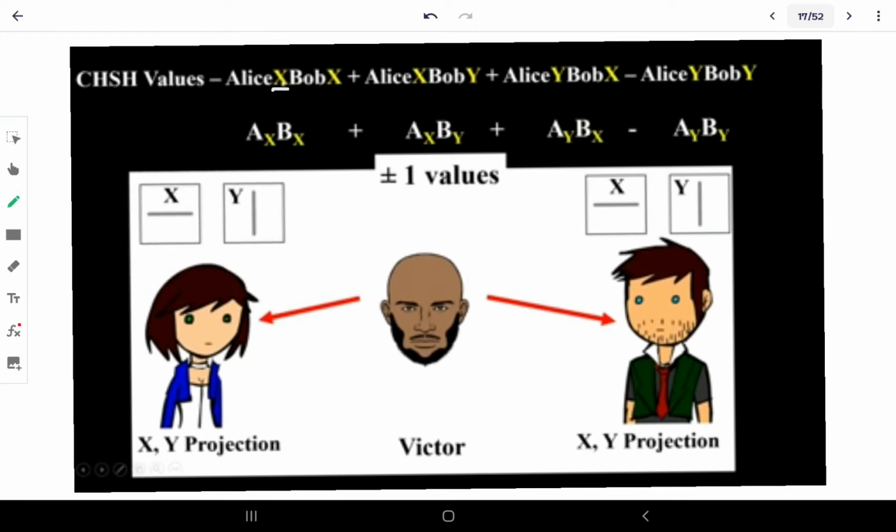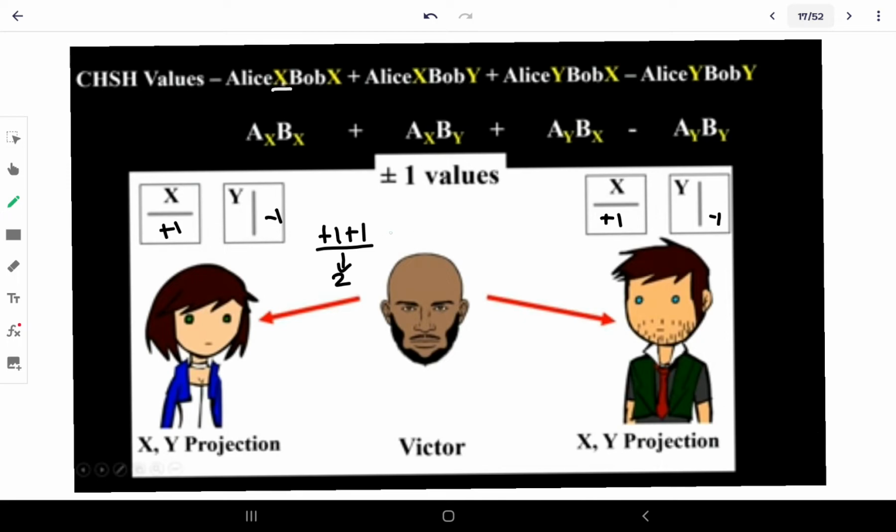Alice can get X, which means plus 1 or minus 1. Let's take AX equals plus 1, and for Bob BX it's also plus 1. So plus 1 plus plus 1 equals 2.